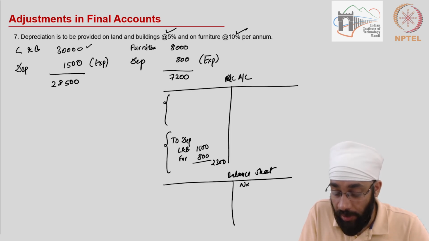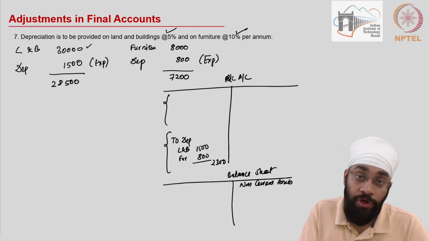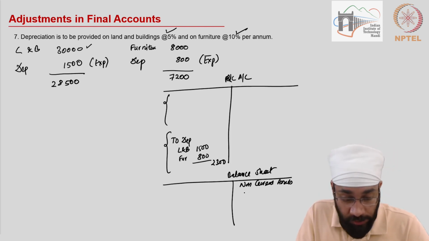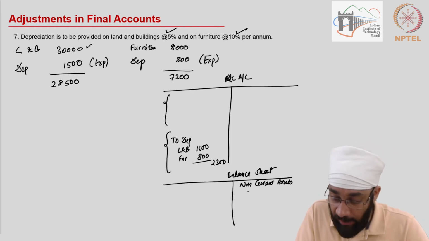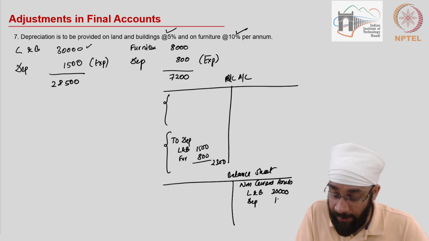under non-current assets, you reduce the value of these assets. So when you show land and building, 30,000, you are going to take out the amount of depreciation 1500 and then show 28,500.